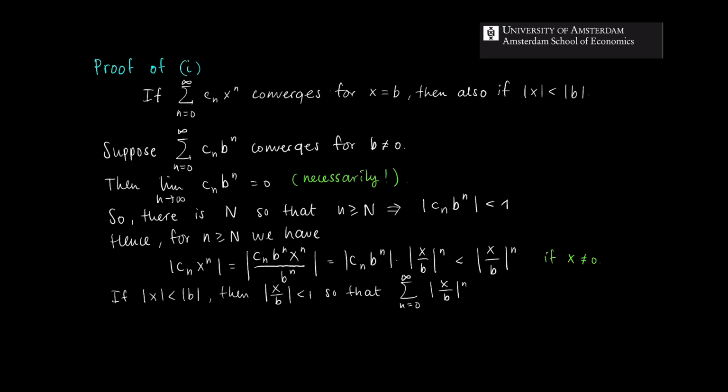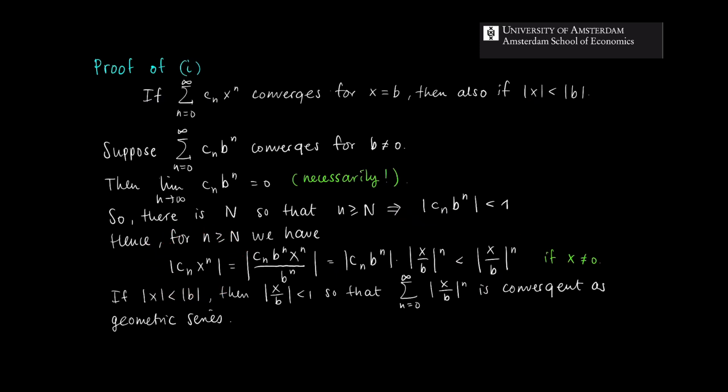So if we look at the series starting with n equals 0 to infinity, (x/b)^n is convergent, right? As a geometric series, right? Okay, but then we can sum up over all terms here, (x/b)^n. This means that we can also sum up over all these elements on the left.